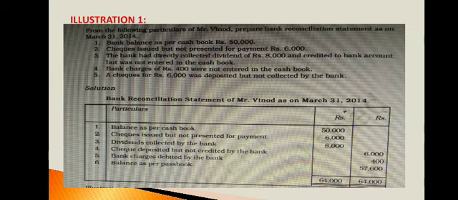The pro forma of a bank reconciliation statement typically has a particulars column and two amount columns, one for adding the amount and one for deducting the amount.